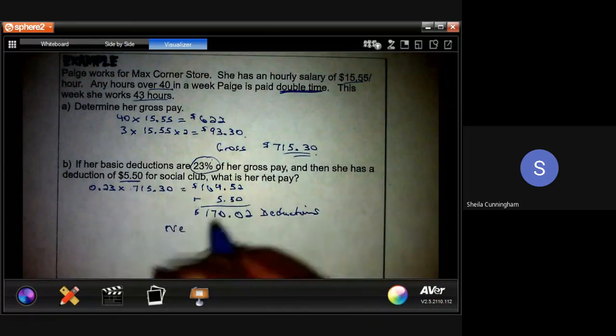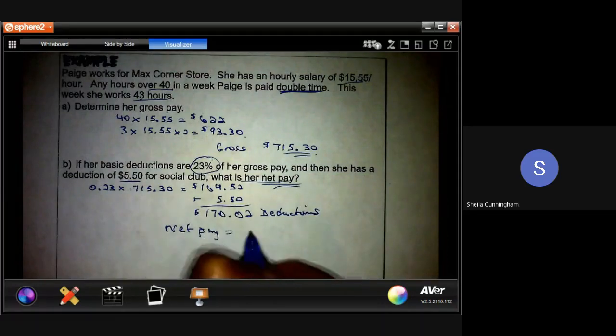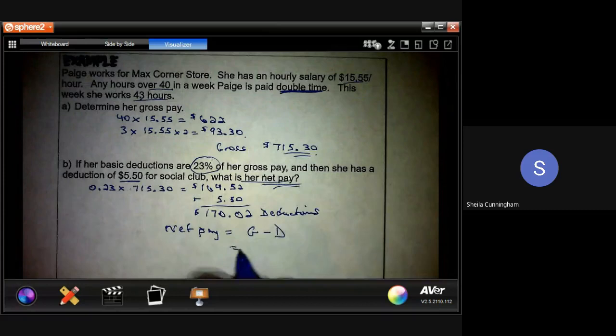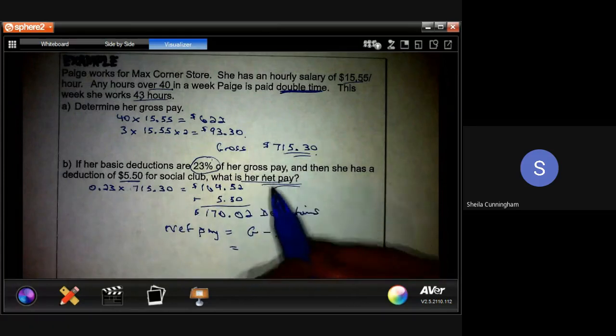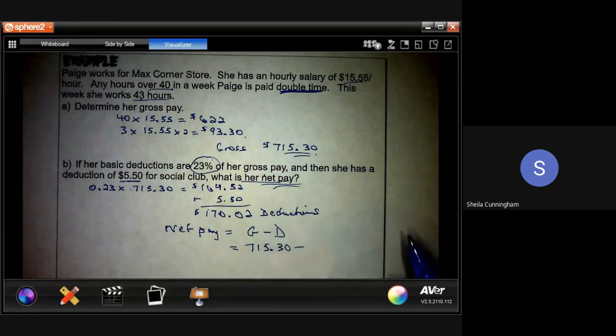So her net pay, we're asked to find net pay. So net pay is simply taking her gross, subtracting her deductions. So in this case, her gross being $715.30, subtract her deductions of $170.02, and we will find out that she makes $545.28.